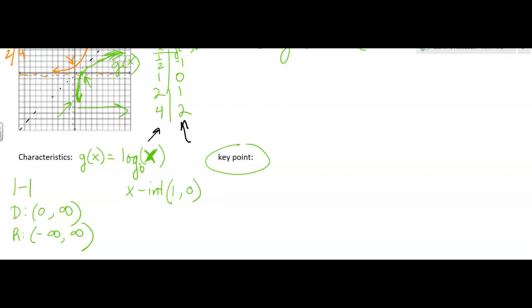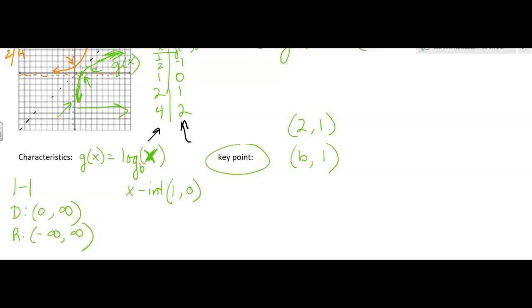So the key point is going to be b, comma, 1. In our example, it was 2, comma, 1, and that point was right there. But if b were 3, it'd be 3, comma, 1. Or if it were 5, it'd be 5, comma, 1. That's what they're talking about for the key point.